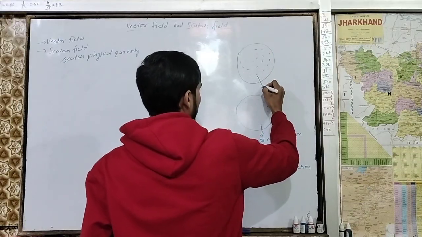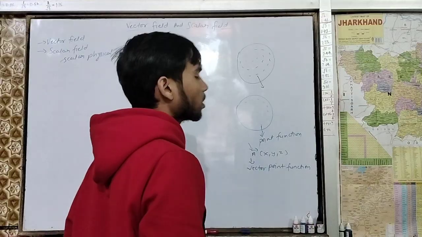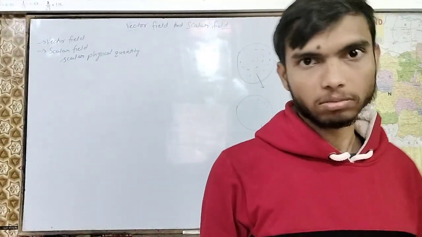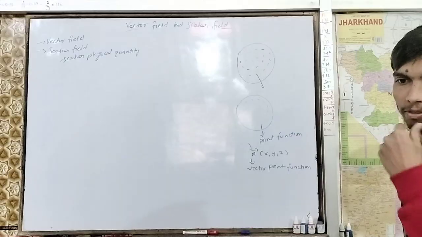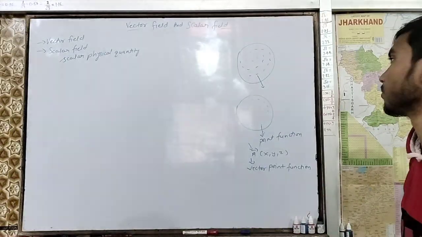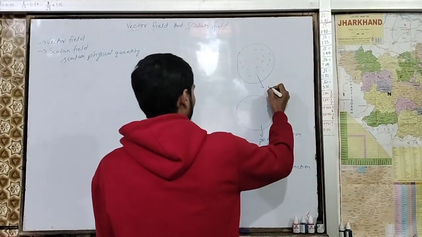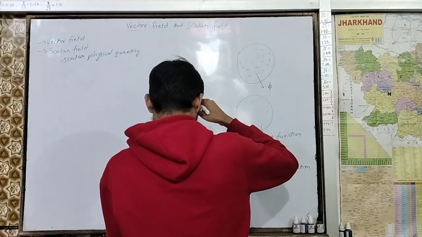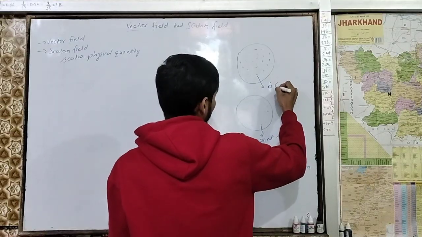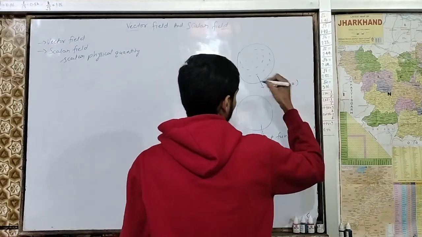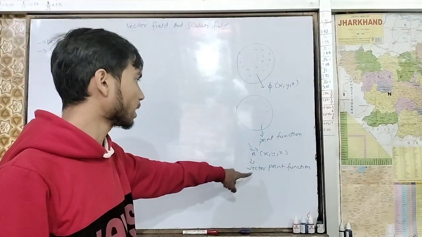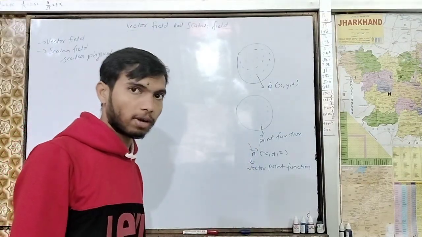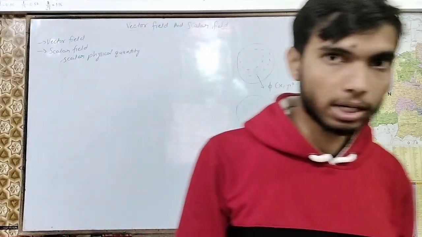So this will be our phi. Phi will tell us that yes, we have a point which represents a scalar field, and the coordinates of this will be x, y, z. Try to understand. If there is a vector, we will understand that this is a vector point function present in a vector field.